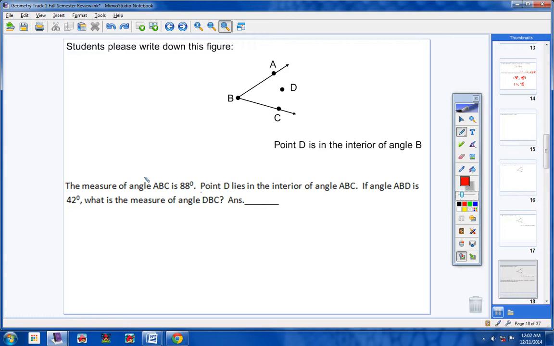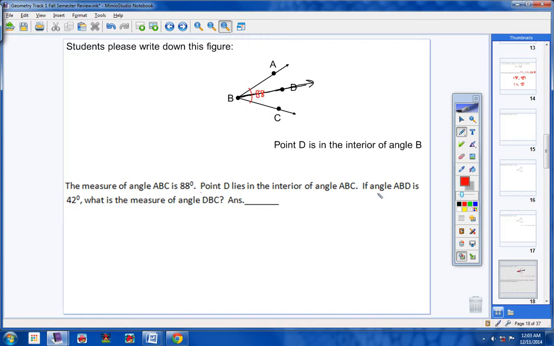Okay, here we go. Now, students, it says the measure of ABC is 88. So this whole angle here is 88 degrees. Please don't forget that. Now, point D lies on the interior. Then it says angle ABD. So we've got to draw a ray through point D. Okay, so the whole angle together is 88.